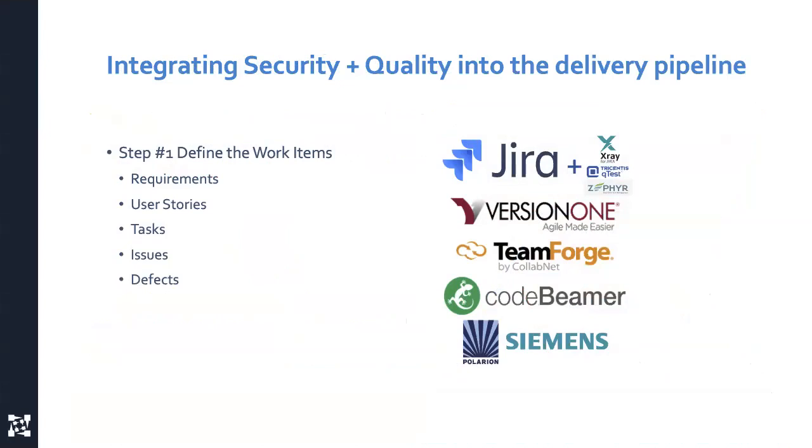We did a survey before the webinar, and certainly the majority of folks were using Jira with some of the plugins for Jira. We'll talk about Jira at the end of the webinar as to why with Jira you need these plugins. But you see here there are a whole bunch of other systems as well.